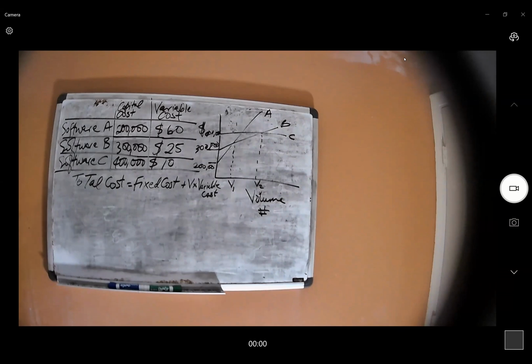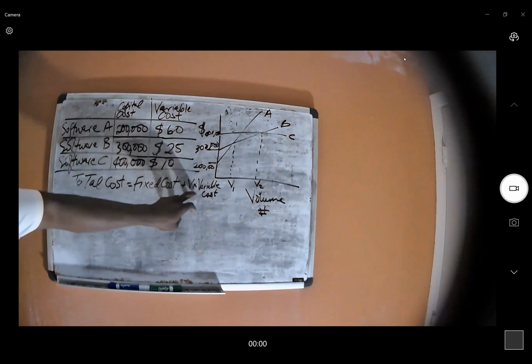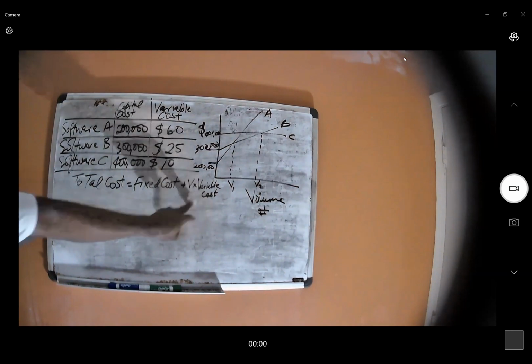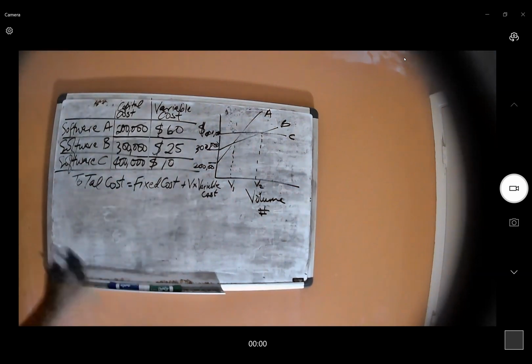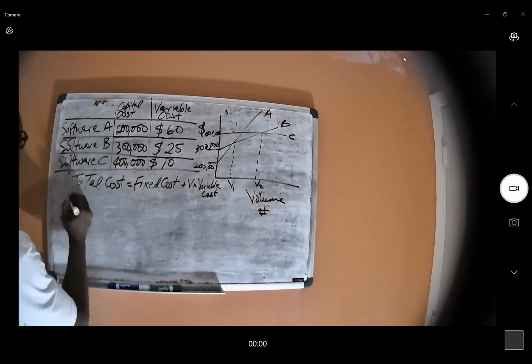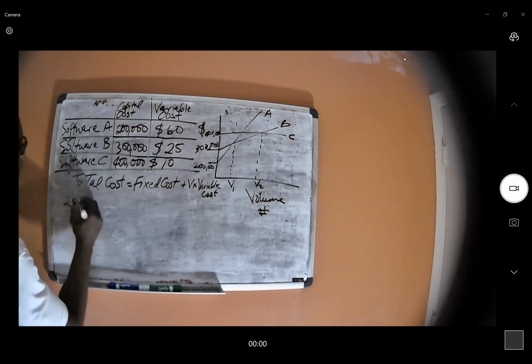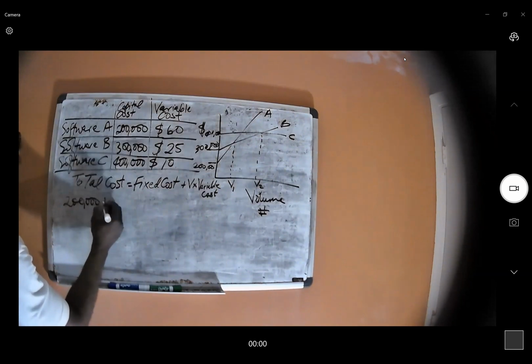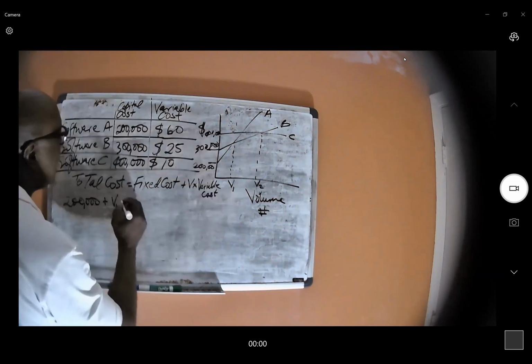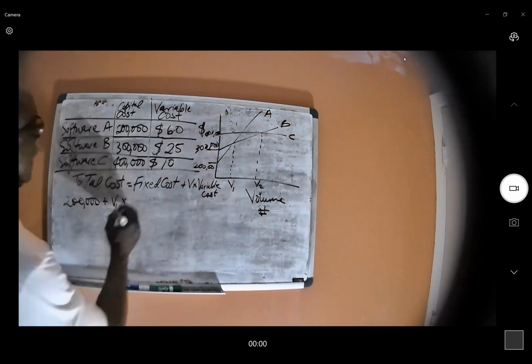You understand that your total cost is equal to your fixed cost plus the number of units that you make times your variable cost? All right, so let's hit it then. So for software A, the total cost is going to be 200,000 plus V1 times $60.